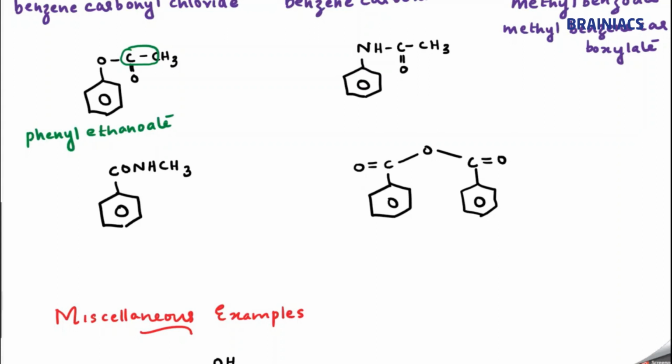Now what about this one? This is CH3CONH2. So here one H is replaced with this one, correct? So what can be the name of this compound? I can say one H is replaced by phenyl. So I will start saying N-phenyl, correct? N hyphen phenyl. What is this basically? CH3CONH2, that was an amide.